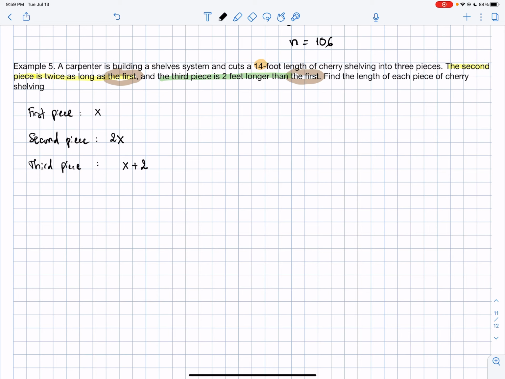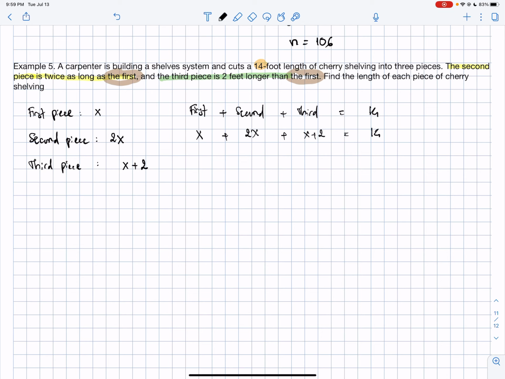It means that if we combine the first piece, the second piece, and the third piece, all of them put back together, we will get 14 feet. So the first one is X, the second one is 2X, and the third one is X plus 2.